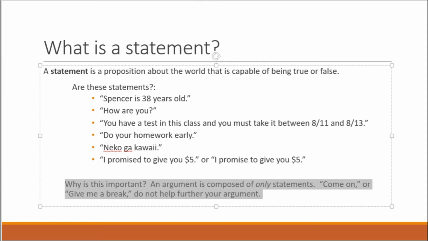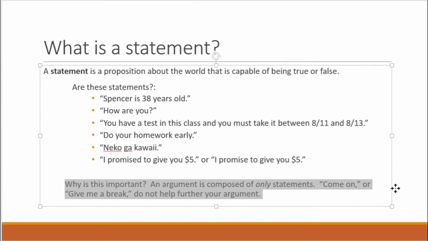So it's important to recognize in your own speech and in your own writing when you are not using statements. I was once talking with someone, we were having an argument that got a little heated. I'm sorry, we weren't having an argument, we were yelling at each other. We're going to define what an argument is here in a bit.